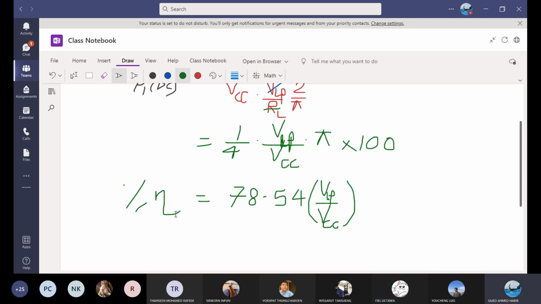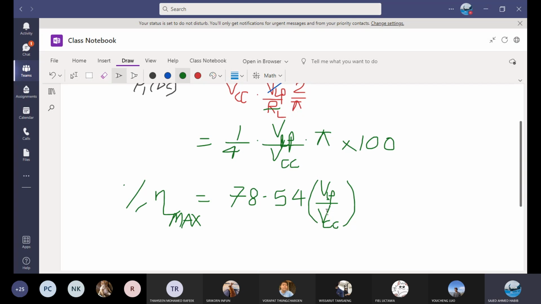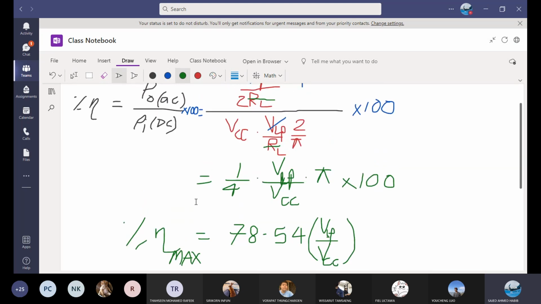And that is the max. Obviously you cannot go more than VCC. So this is the maximum percentage efficiency you can get out of a Class B power amplifier by setting your peak voltage equal to VCC. If the peak voltage is less than VCC, you'll get a fraction of it. Let's say it's half of VCC, so you'll get about 39%. So the lower your peak voltage is in relation to VCC, the lower your efficiency will become.